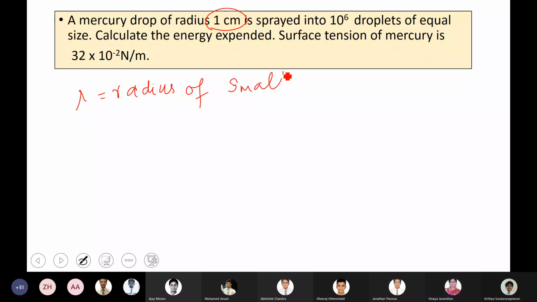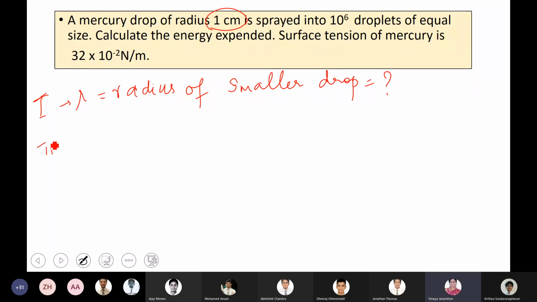That will be your first step. How will you find this? You have to equate the volume of one huge drop to the volume of 10 to the power of 6 small droplets.